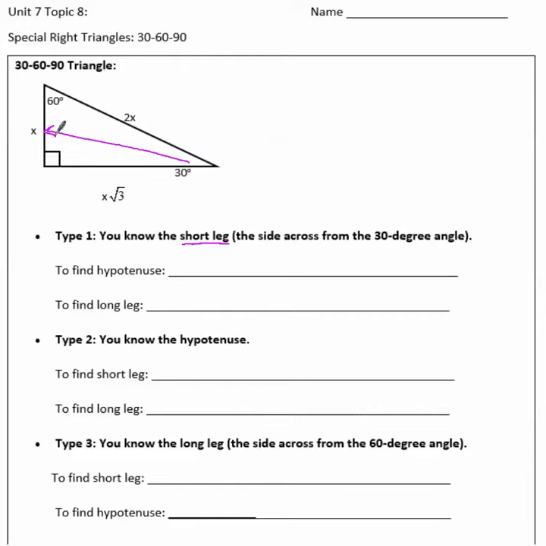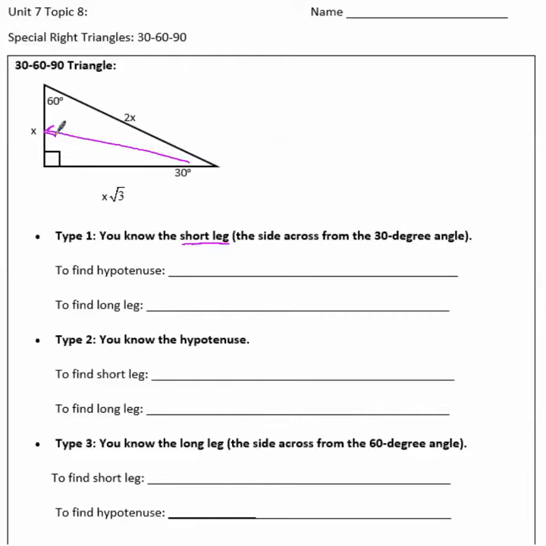Type 2 is you know the hypotenuse. The hypotenuse is the side across from the 90-degree angle, so that's going to be your biggest side. You know the hypotenuse. To find the short leg, divide the hypotenuse by 2, and then you have the short leg.